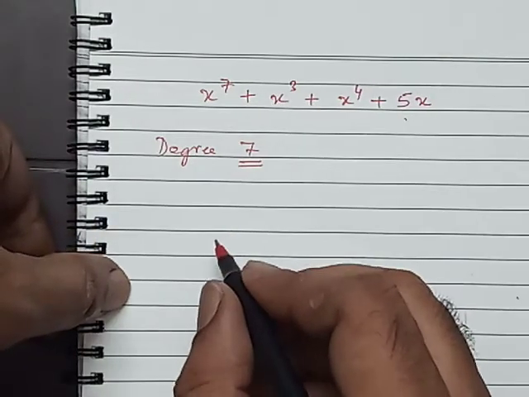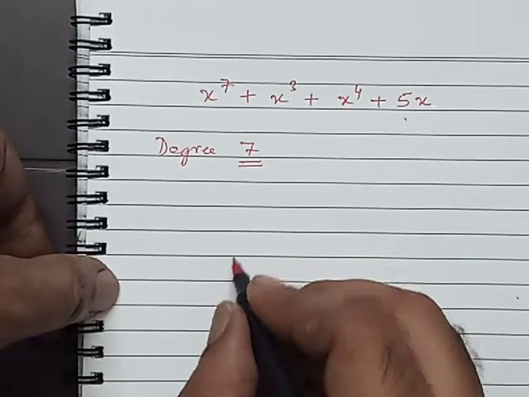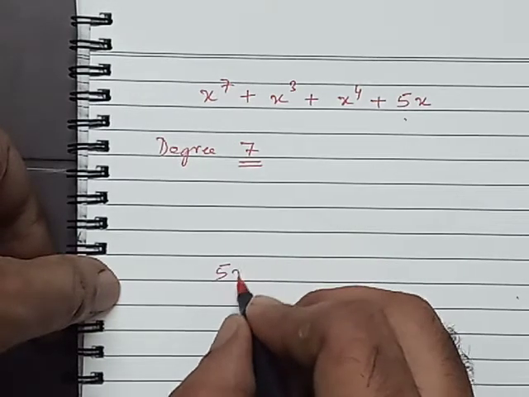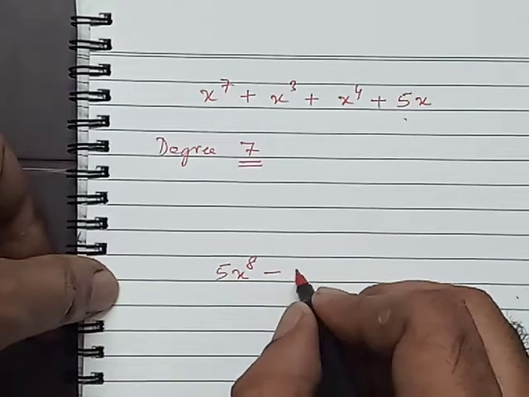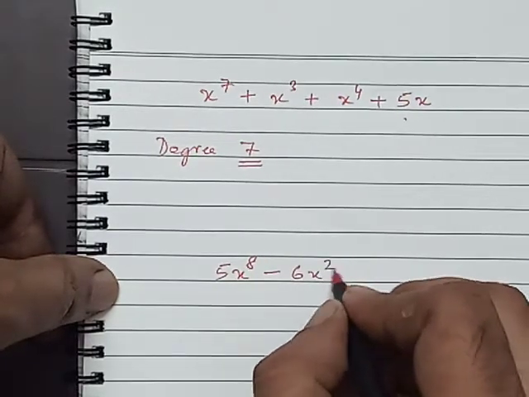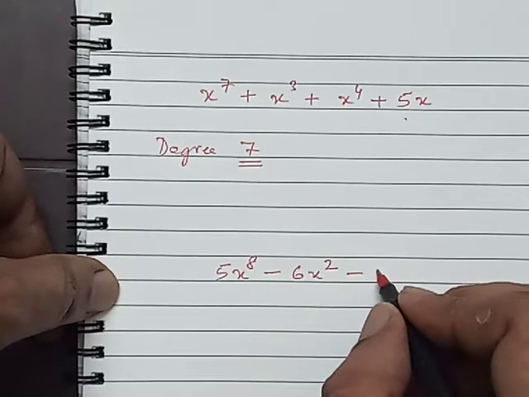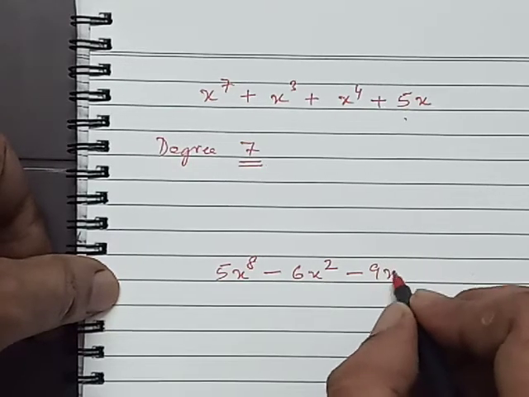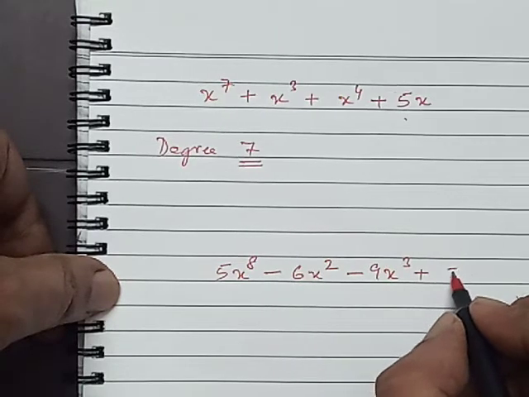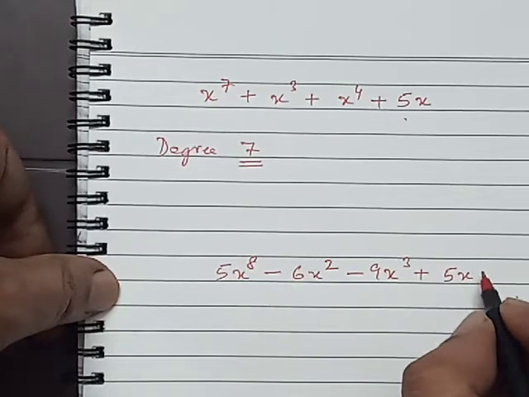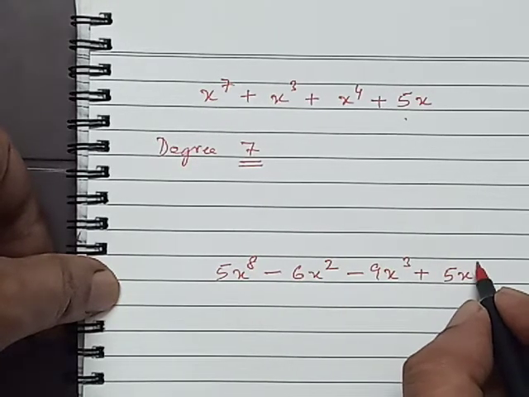Let's take one more example. 5x raised to 8 minus 6x square minus 9x cube plus 5x raised to 5.